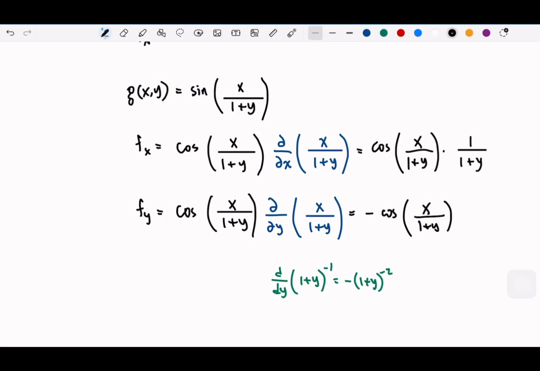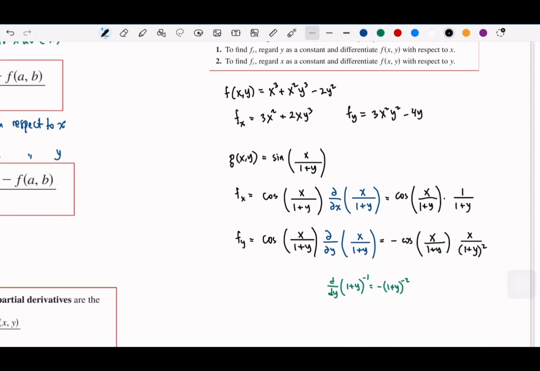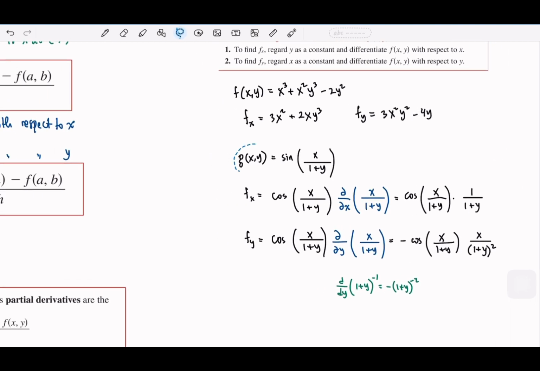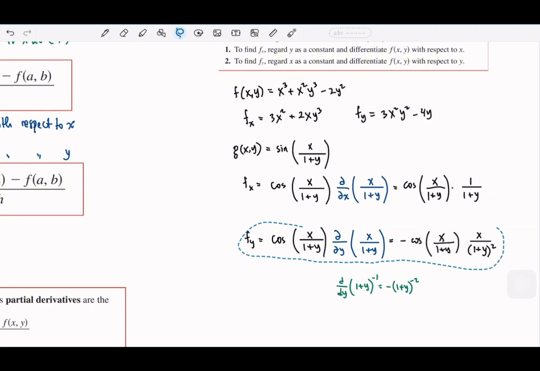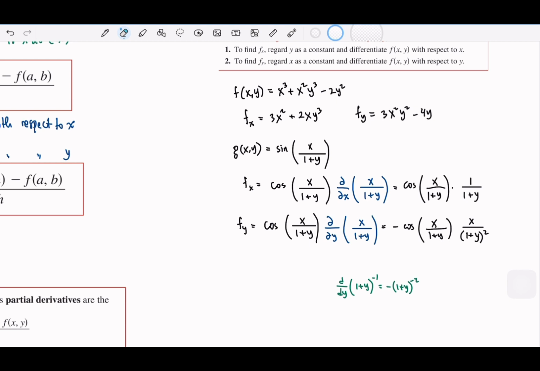So negative, and this will be 1, or rather multiplied with x over 1 plus y, and then squared. Okay. I will erase this part. Okay, so far so good.